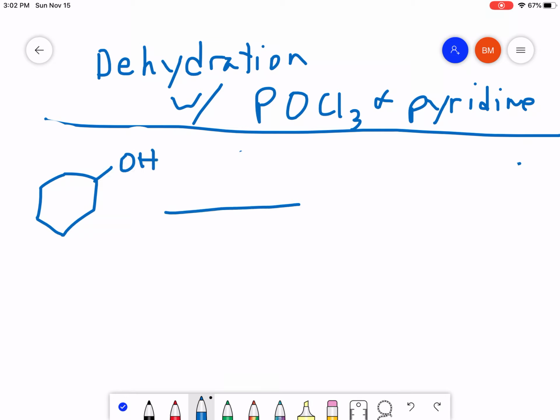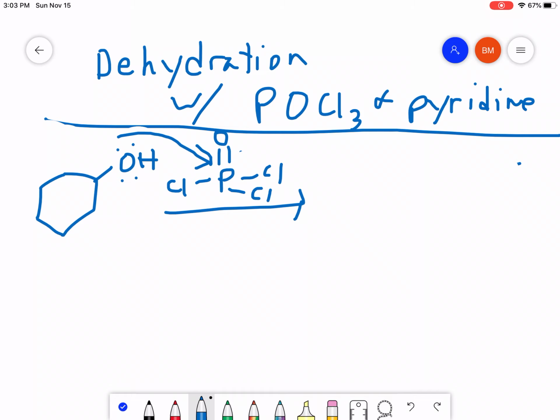All right, so what happens is, again, the first thing we got to do is convert that OH from a bad leaving group into a good one. Now, usually what we do is we convert it into water. This is going to be a little bit different because we're not going to convert it into water. We're going to convert it into something else. So instead of this alcohol group grabbing a proton, it's going to nucleophilically attack that phosphorus.